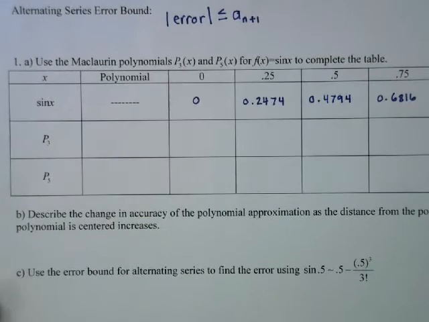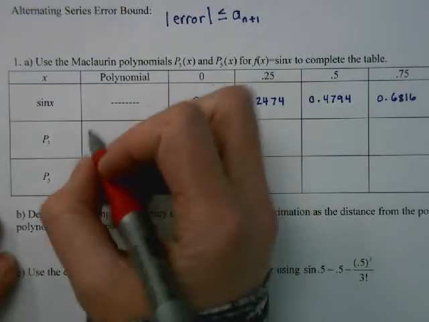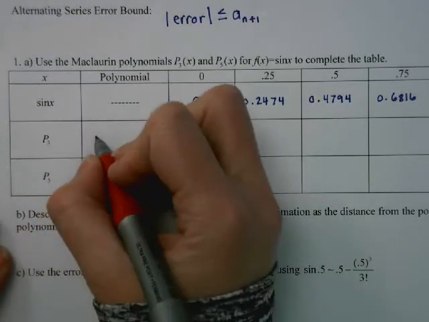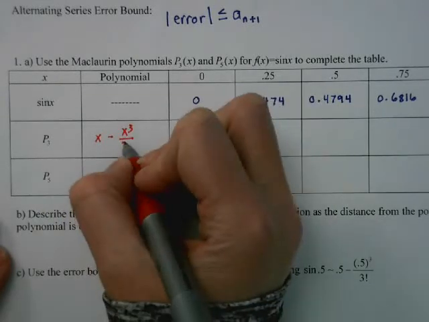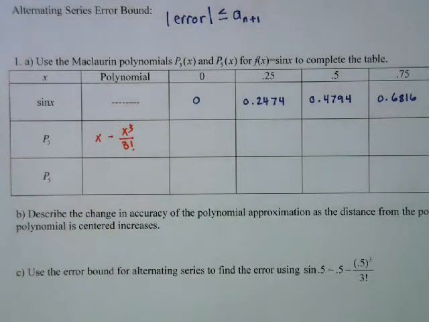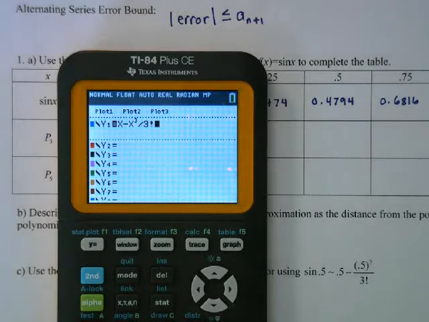Now what we're going to do is look at the Taylor series approximation. The Taylor series for sine, remember, is the odds. So degree 3 is going to be x minus x cubed over 3 factorial. Now we're going to plug those same values into that polynomial, again using the calculator.